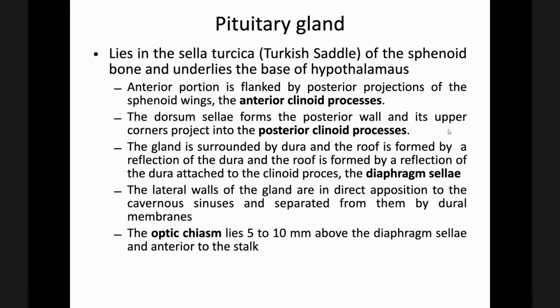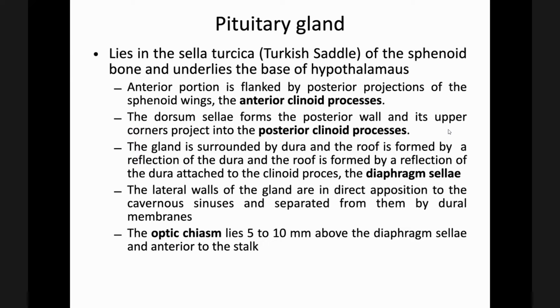I hope everybody knows about the anatomy regarding the brain and its structures and the bones related to it. So there is a bone called the sphenoid bone. A part of the sphenoid bone is the sella turcica, which we also call the Turkish saddle, and it just underlies the base of the hypothalamus.